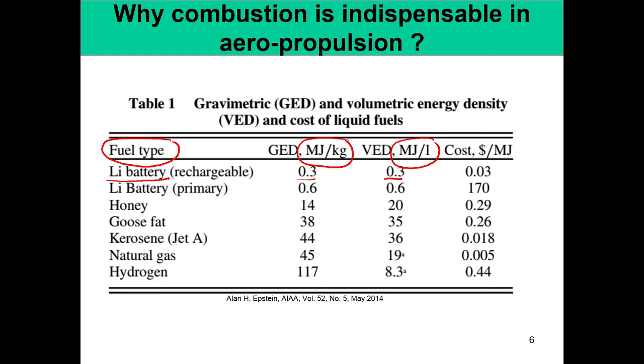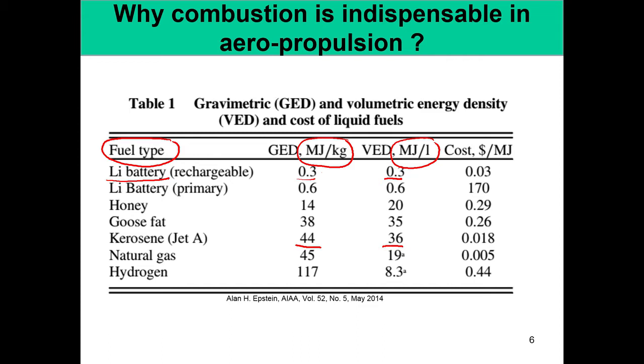Whereas kerosene, which is the fuel of choice in modern gas turbine engines, which run on different variants of kerosene, has a gravimetric energy density 100 times larger than that of the lithium ion battery.